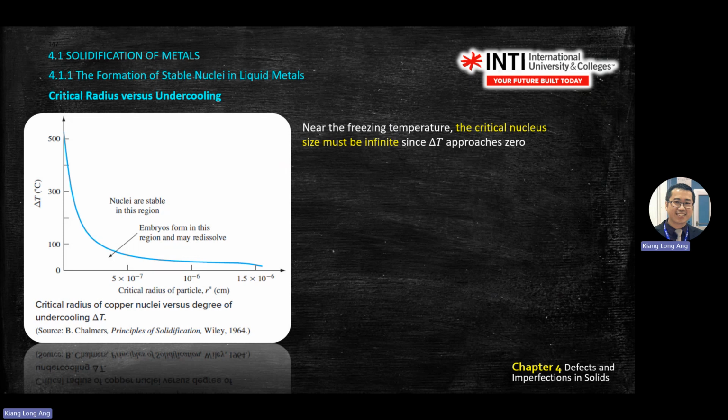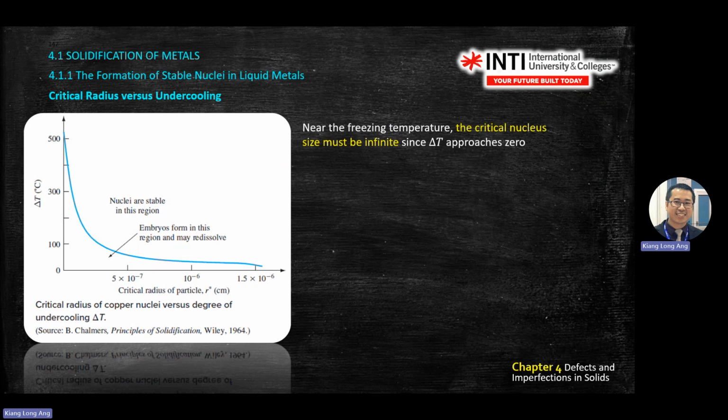So you see this 500 drop to 0. When you drop the temperature, is the nucleus increasing or decreasing? The radius is increasing, 10 power 7 drop to 10 power 6. The bottom of the blue line is called embryo form.